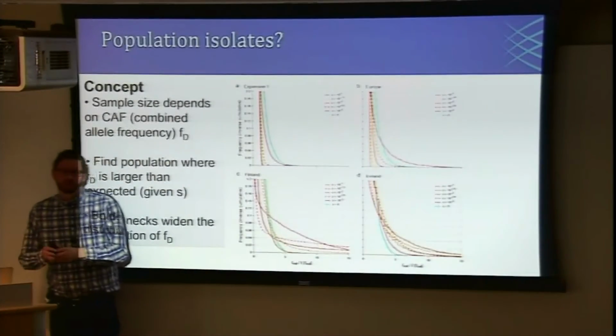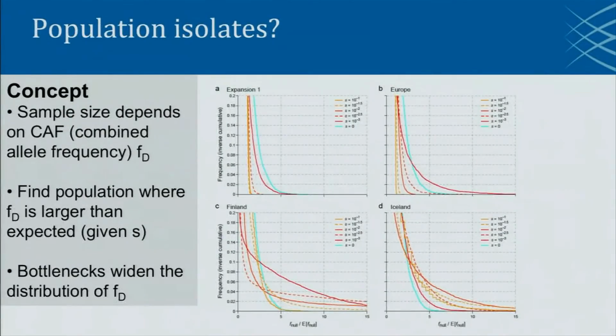That increase in frequency of mutations in a given gene translates into much easier detection. If there is a gene that has a 5% combined allele frequency, that is going to be a lot easier to find with the same effect size than a gene that has a 1% combined allele frequency, compared to a gene that has a 0.1% combined allele frequency.